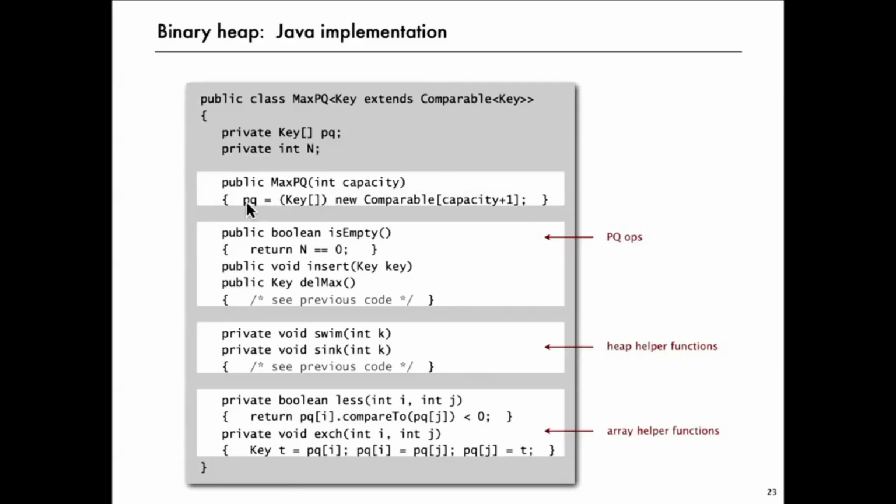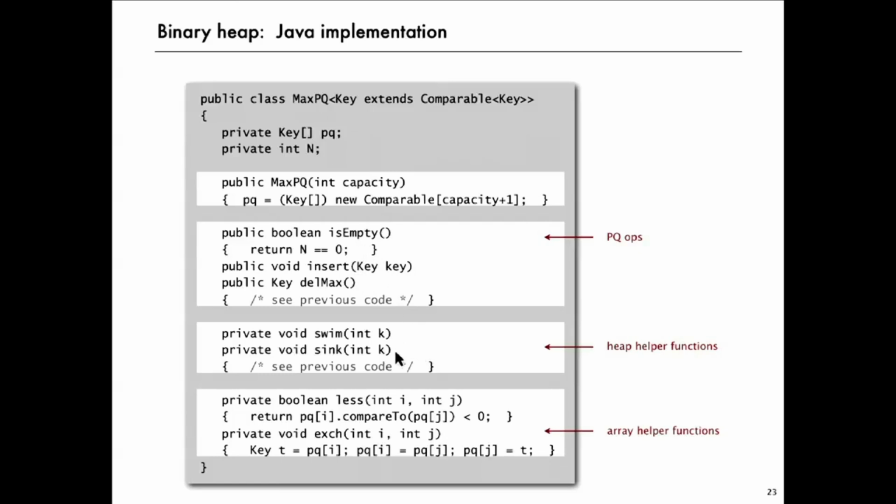So we'll build a new array of keys, and we have to use an ugly cast because we can't have generic arrays in Java. That's so it's comparable, and we need one more than the capacity to handle this thing where we don't use position 0. So the priority queue operations are insert and delMax that we just showed in the previous slides. isEmpty is just checking whether n is equal to 0.